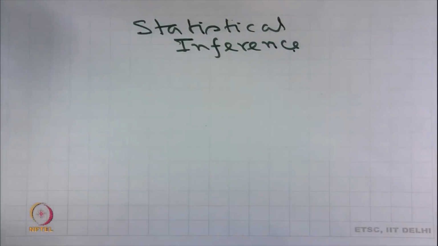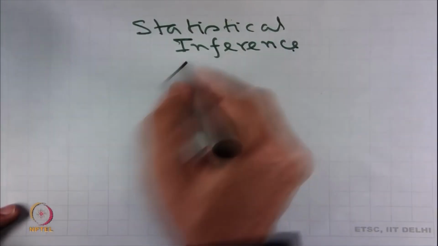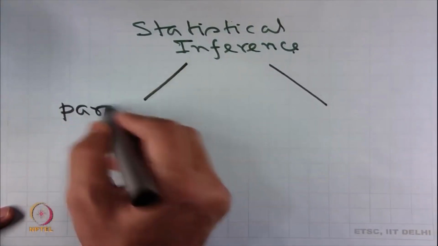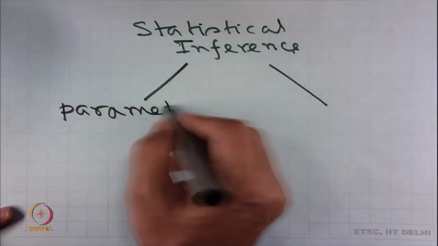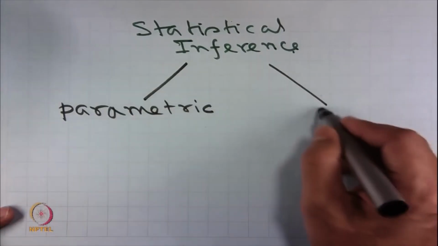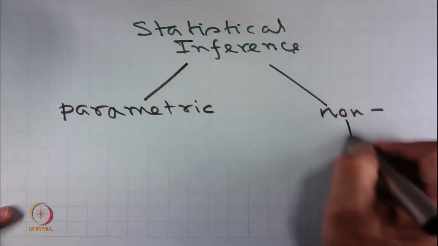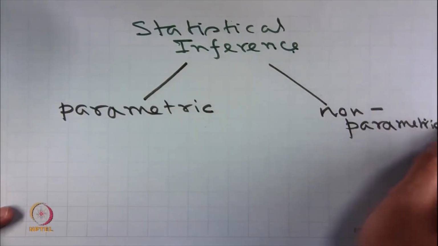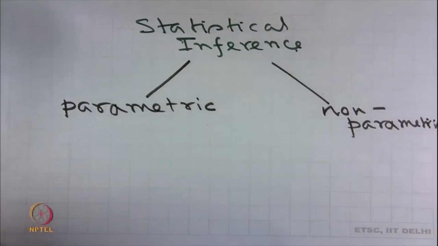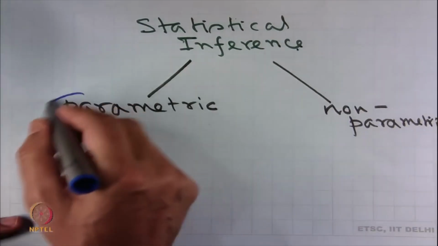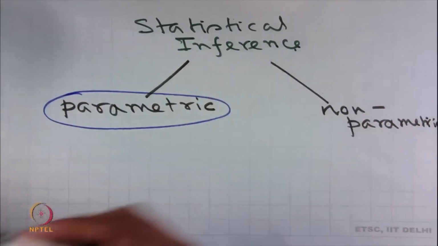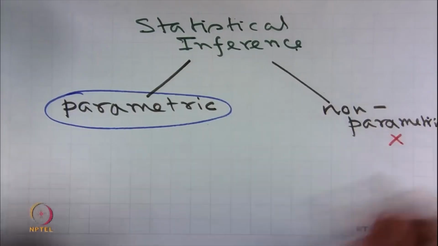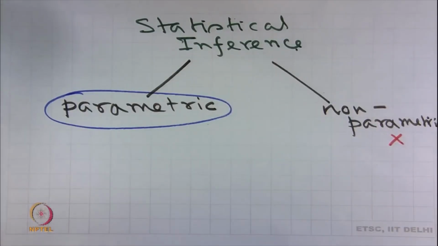There are two basic approaches of statistical inference: parametric and non-parametric. In this series, I will be focusing on parametric inference. Non-parametric, I am not going to cover in this series of lectures.